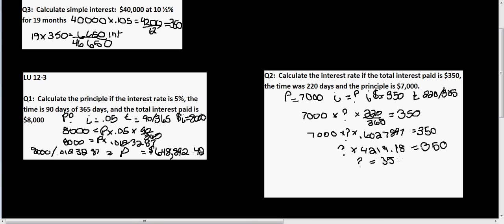We have to divide this side as well. We have to keep both sides of the equation in balance by 4,219.18. And when that happens, your question mark results in 8.3%.